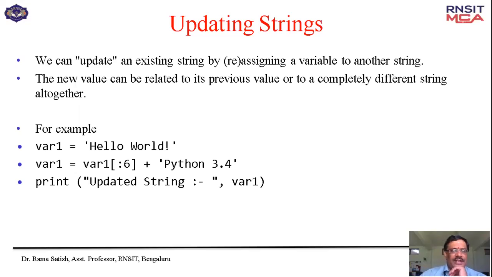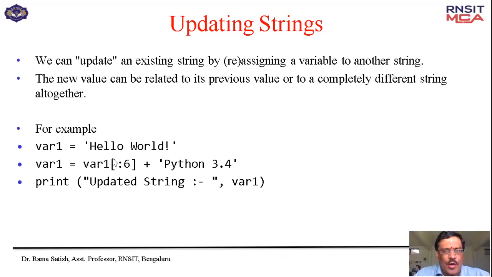For example, look here. Hello world was the first string. Later, what I did was extract var1 contents starting from position 0 to 6, that means 0, 1, 2, 3, 4, 5: "hello ", and I added Python 3.4.